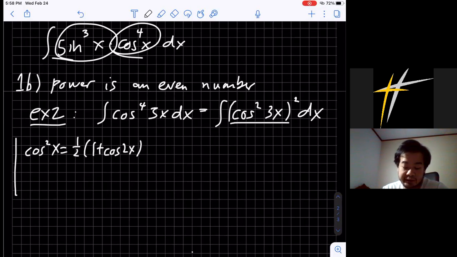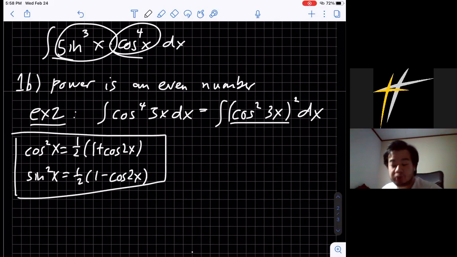And sine square x is half times 1 minus cosine 2x. So this is the regular formula used for a power of sine or cosine with the power being an even number. Okay, I hope you follow.